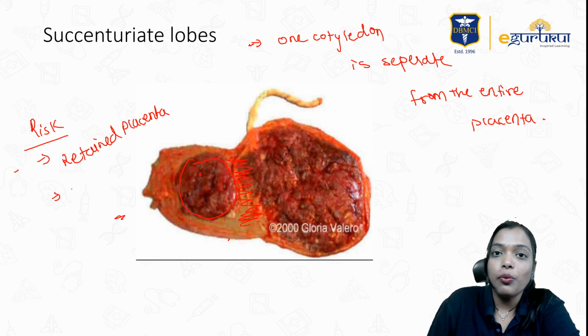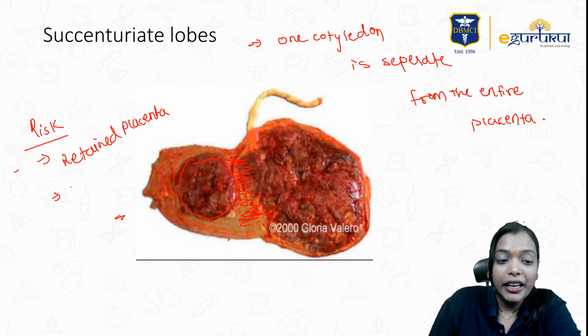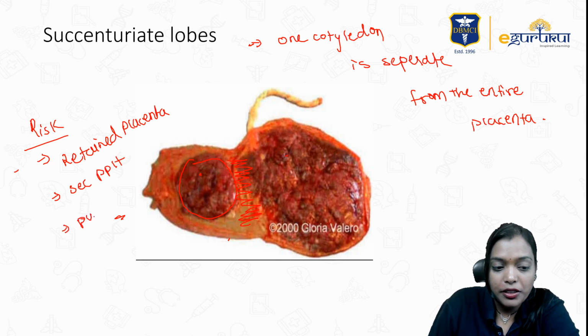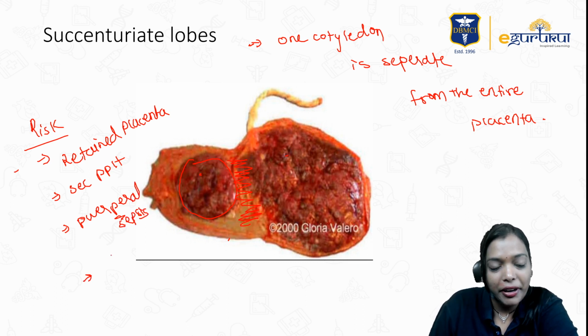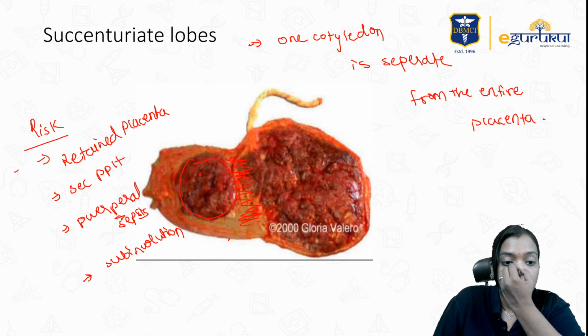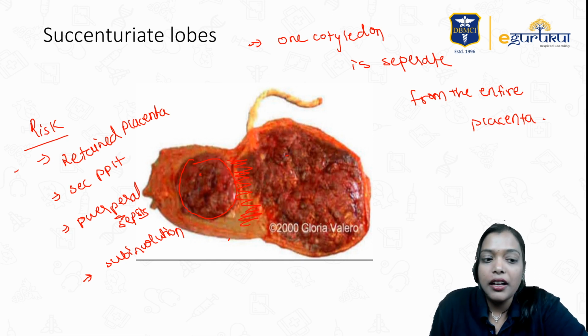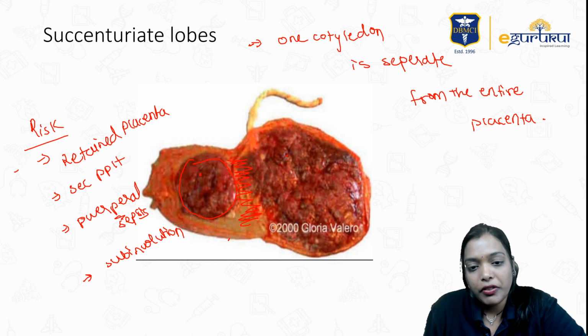Because of this, they can have secondary PPH, infection that is puerperal sepsis, and the uterus will not come back to its normal size at the same rate, so they'll have subinvolution. So retained placenta, secondary PPH, puerperal sepsis and subinvolution.